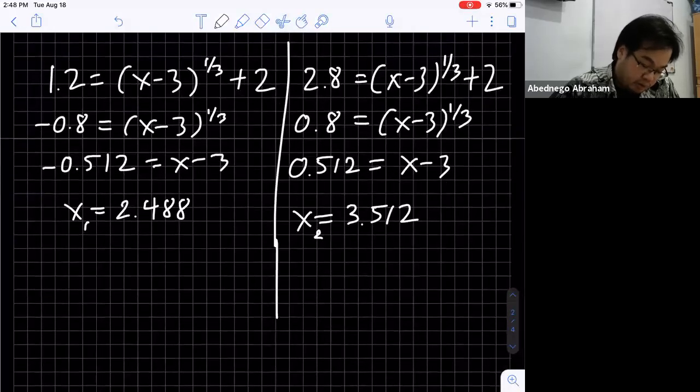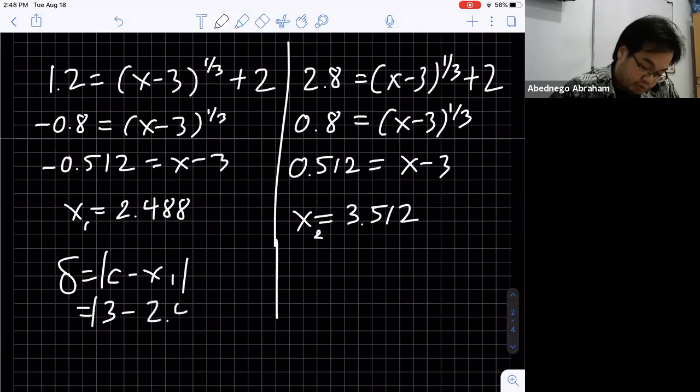From x1, we know that the delta is actually equal to c minus x1, which is 3 minus, in absolute value, 3 minus 2.488. So it's equal to 0.512.